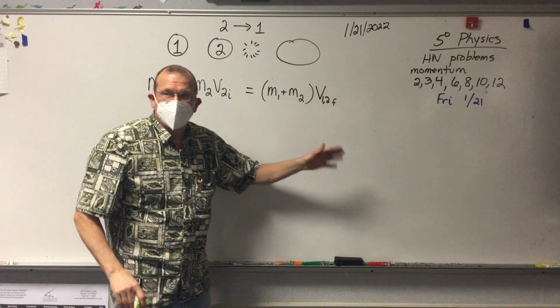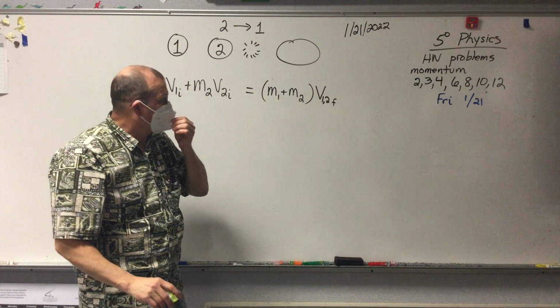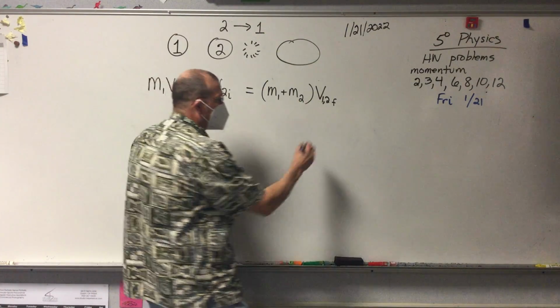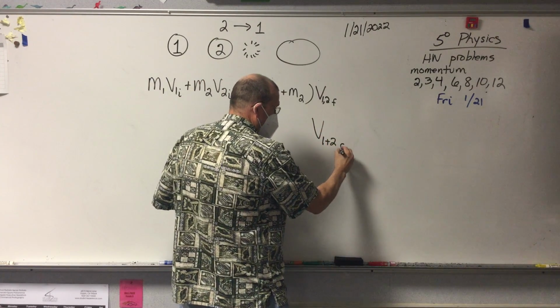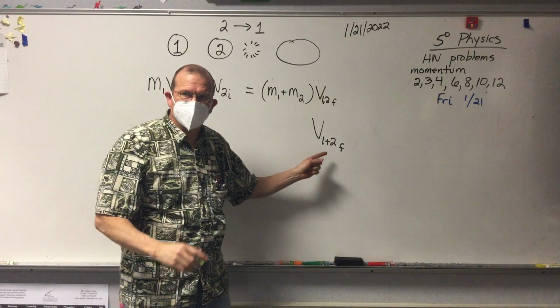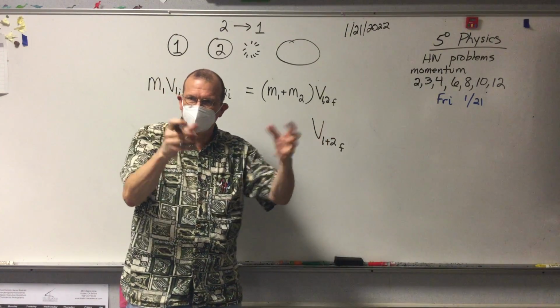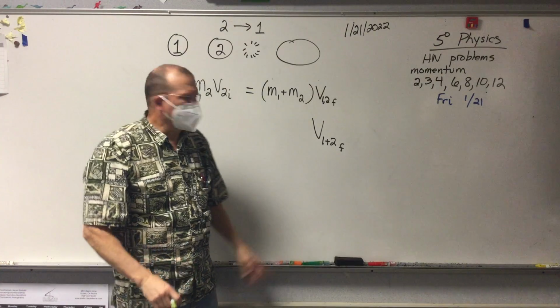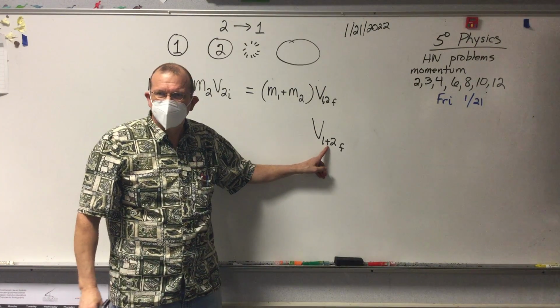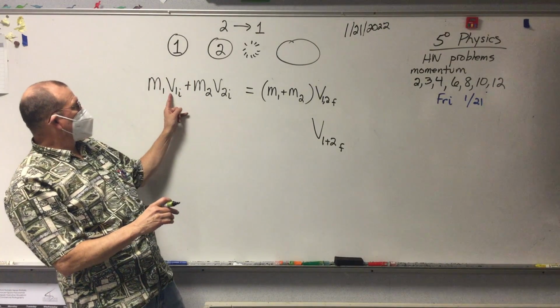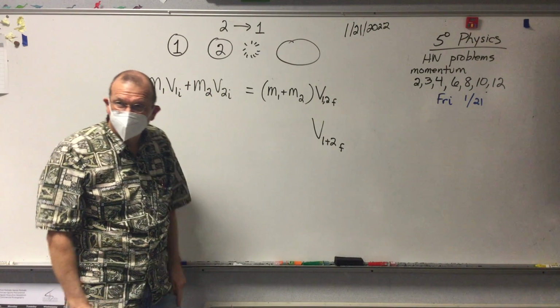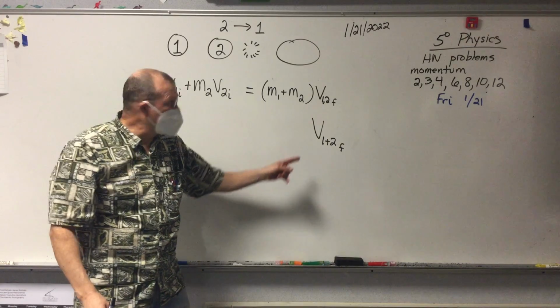Now I'm going to tell you why I'm always a little nervous about doing this. One year when I taught this, I used this subscript with the idea that 1 and 2 were stuck together. Unfortunately, what do you think people wanted to do with this number and this number? They wanted to add them.